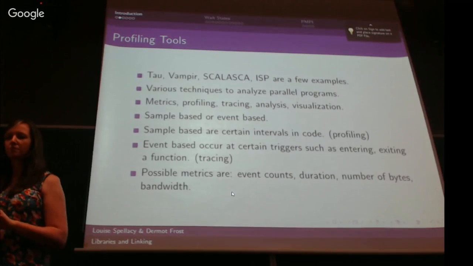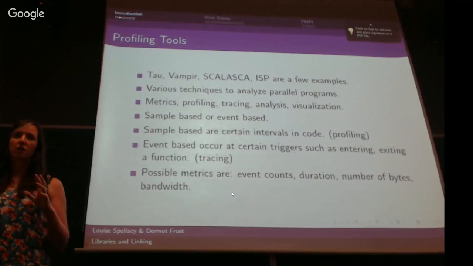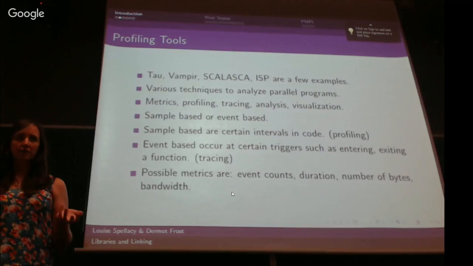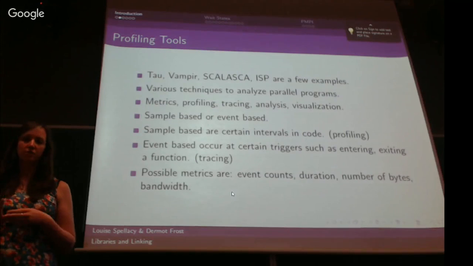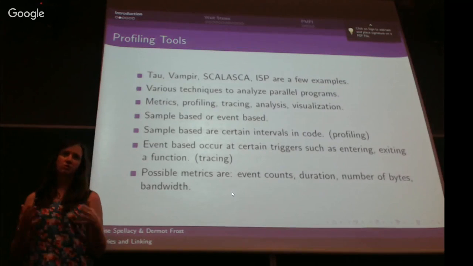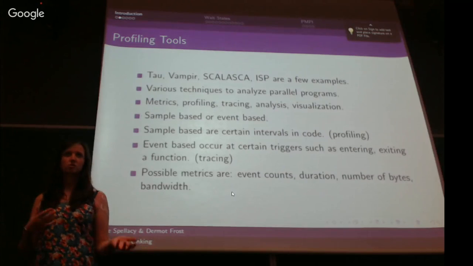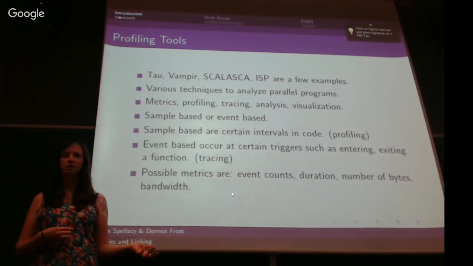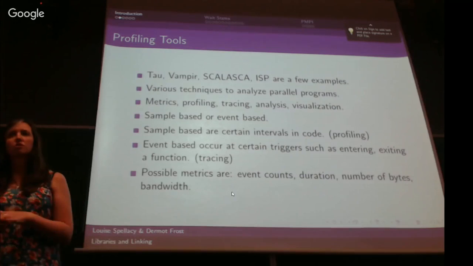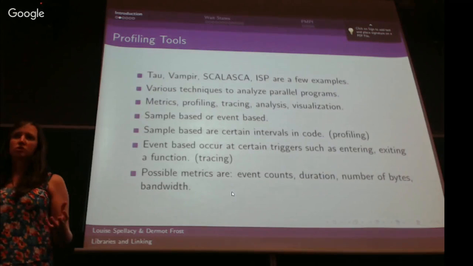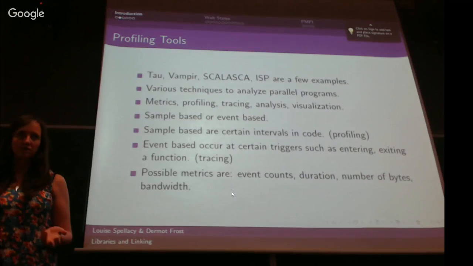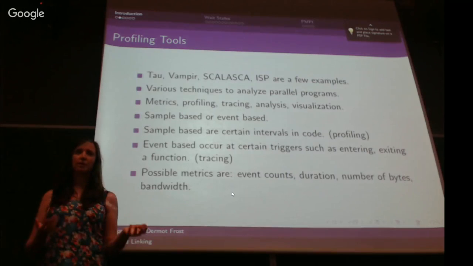There's lots of various metrics you can look at, and lots of ways you can analyze your code. You can look at metrics, profiling, traces, analysis, and visualization. Metrics means you have to decide what you're actually interested in. Some people are interested in the time it takes for the code to run. Others are interested in how much data they're actually sending with all of their sends. Some people are worried about bandwidth and latency.